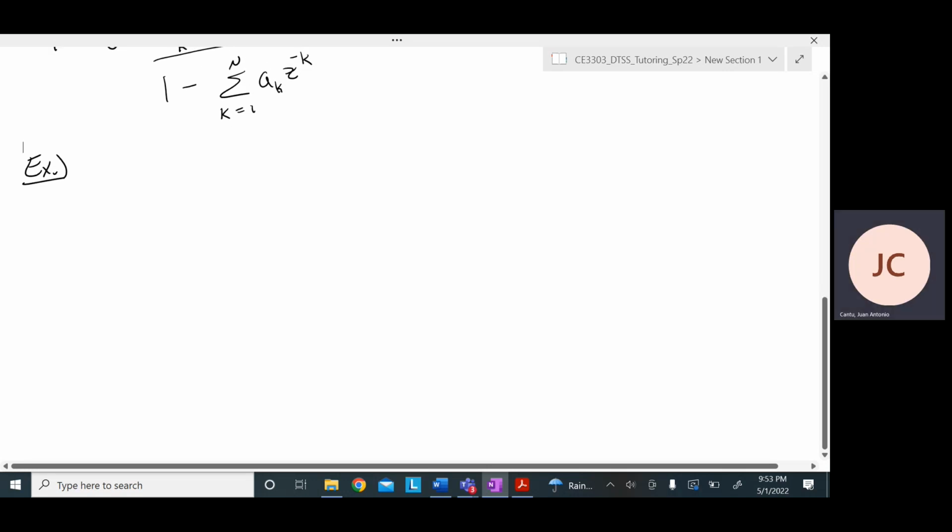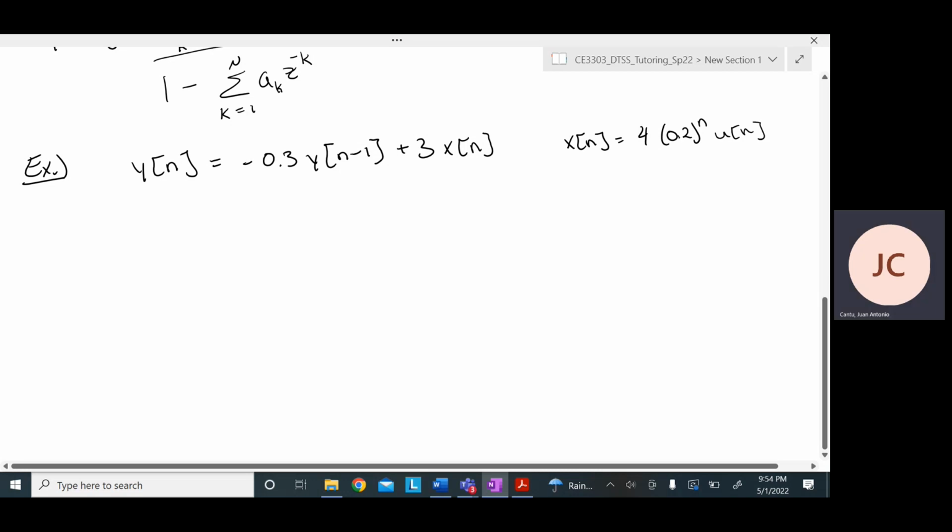Oh, okay, yeah, I wrote that wrong. So y of n is equal to negative 0.3 y of n minus 1 plus 3 x of n. This is our system represented as a difference equation. Our input signal is going to be x of n equals 4 times 0.2 raised to the n, u of n, and we need to find out what our output signal is.